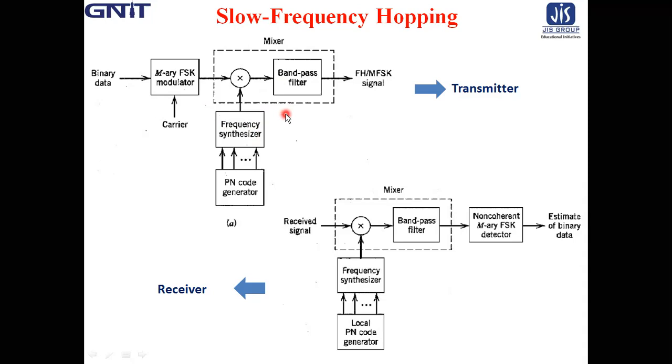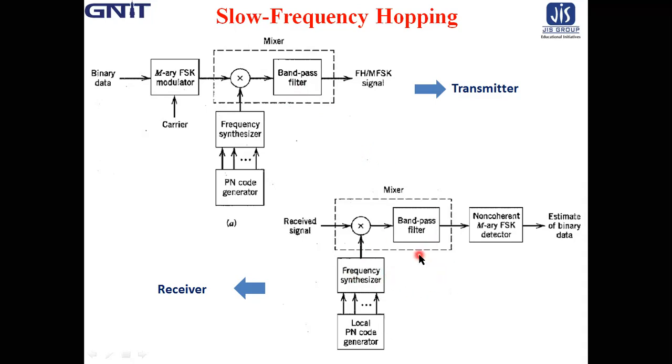The resulting modulated wave and the output from a digital frequency synthesizer are then applied to a mixer that consists of a multiplier followed by a bandpass filter. The filter is designed to select the sum frequency component resulting from the multiplication process as the transmitted signal.